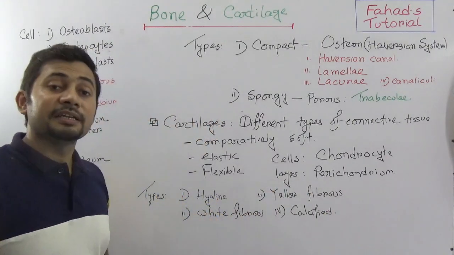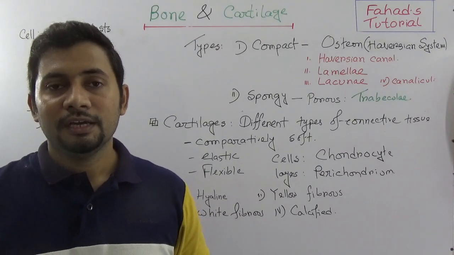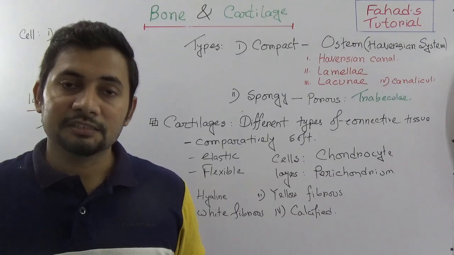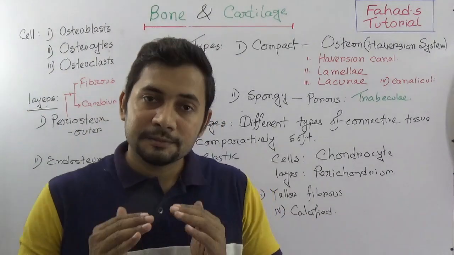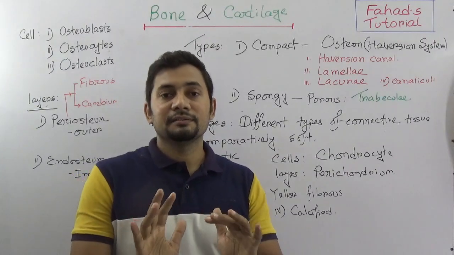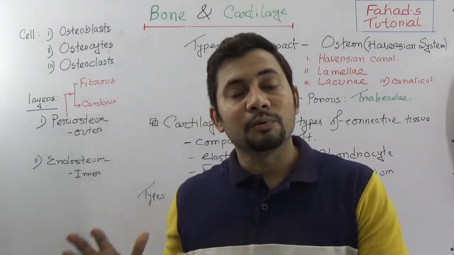From the name also we can understand the types and the function of cartilage. More explanation on cartilage with figures will come, but at this level I'm just giving you a simple primary idea of what bones and cartilage are.